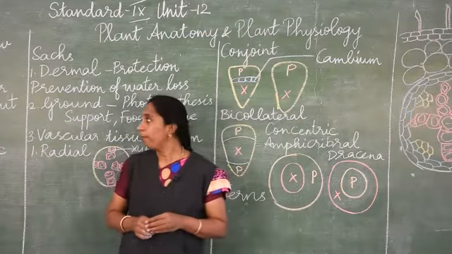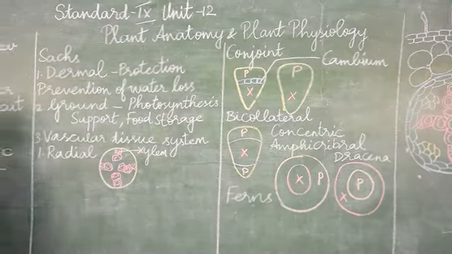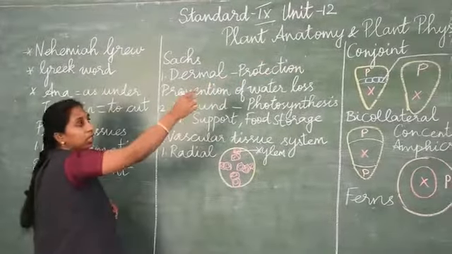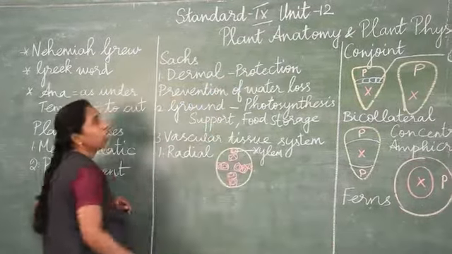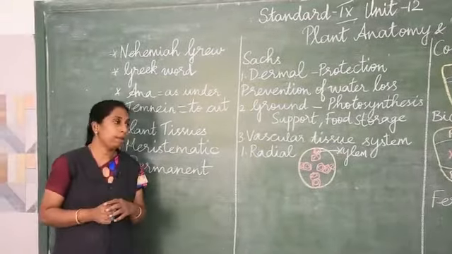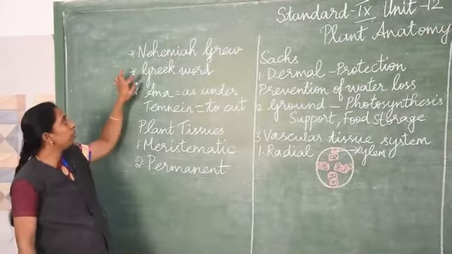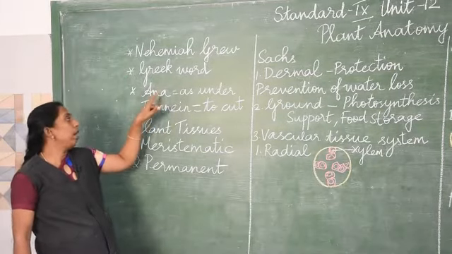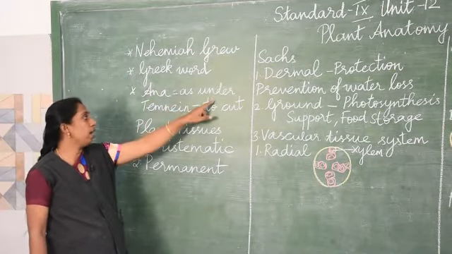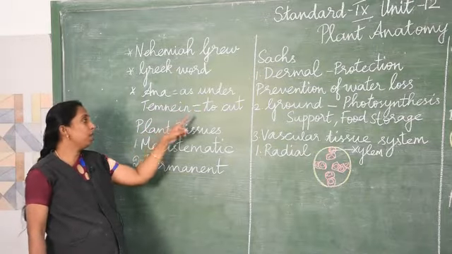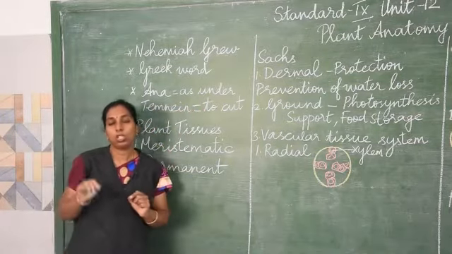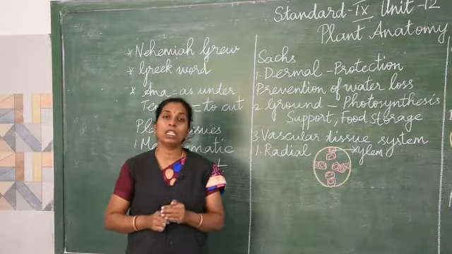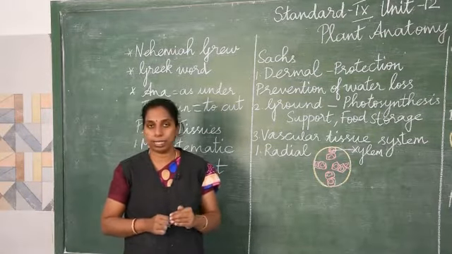Now, first we shall see what is anatomy. The word anatomy is derived from the Greek words, where ana means asunder and temnein means to cut. So anatomy is the study of internal structure of organisms.